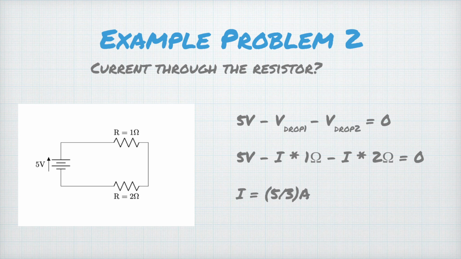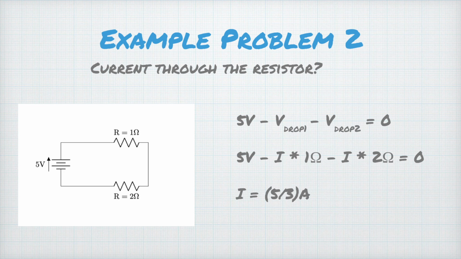So now we're getting into some more complicated examples where we have more than one resistor, but really this is no big deal. Just always remember that resistors have voltage drops, which mean negative voltage. So we have 5 minus the voltage drop of resistor 1 minus the voltage drop of resistor 2, and that all equals 0.